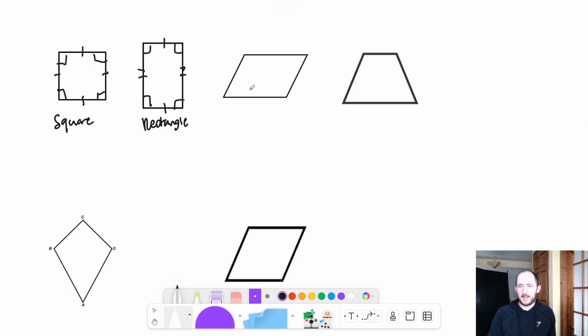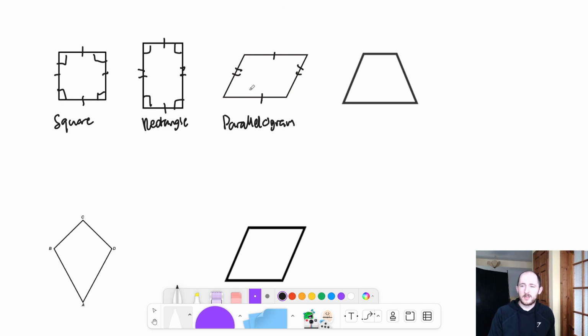Now this shape over here is a parallelogram. You literally write the word parallel, and you put ogram at the end. The key part here is that the opposite sides are parallel and therefore the same length.